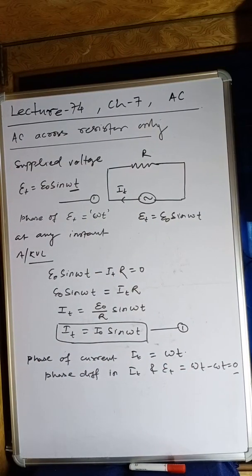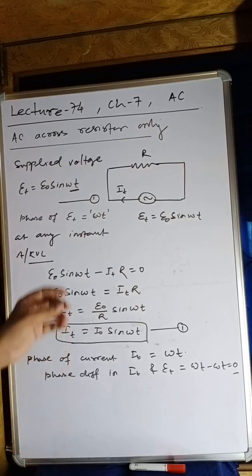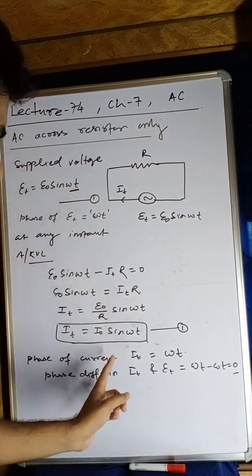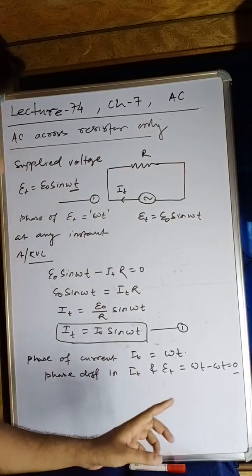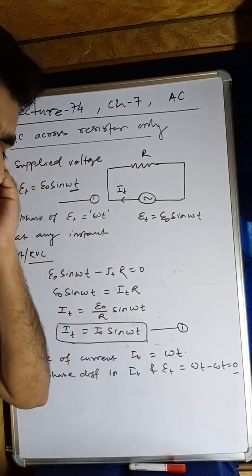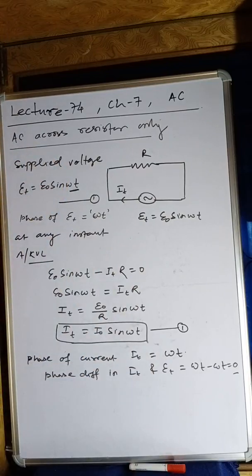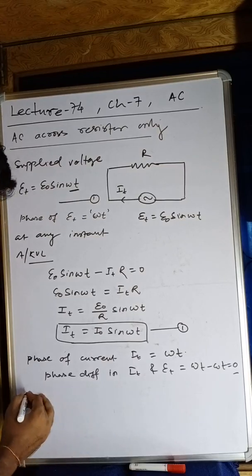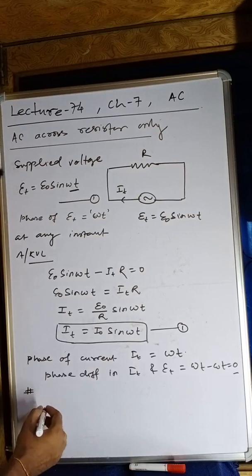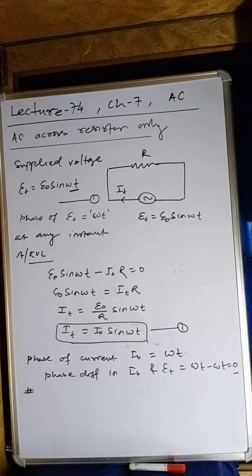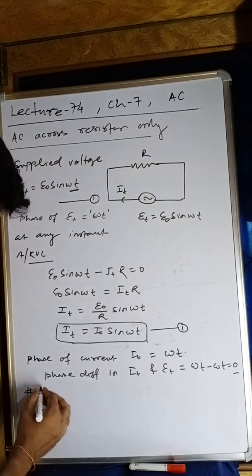Now, my dear students, if we have the value of voltage as well as the current, then we can obtain a few more quantities of this circuit. What are those quantities that you have to study? The next one will be the instantaneous power. Could you find the instantaneous power?